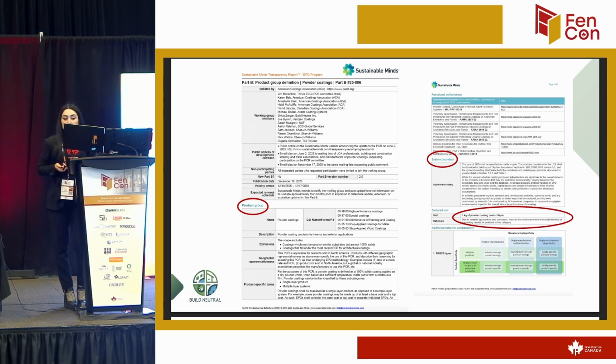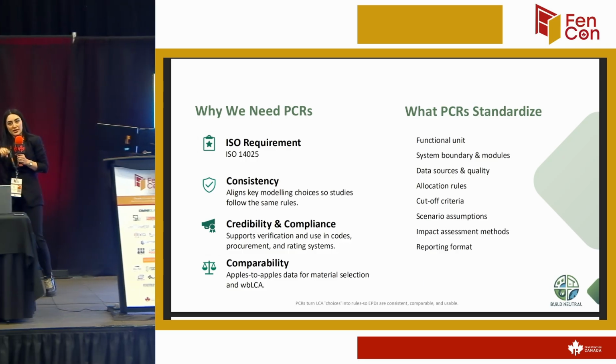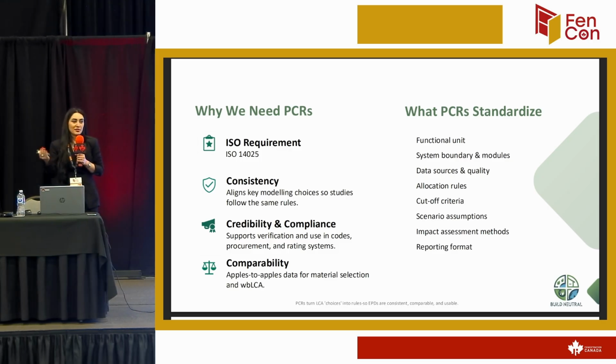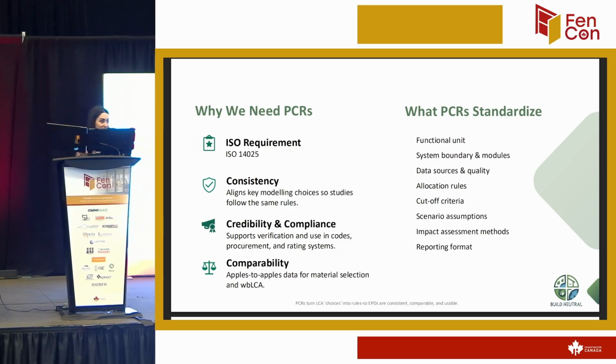Here, the declared unit was 1 kilogram of powder coating produced per layer. And there were so many more discussions when it comes to powder coating, like how many times, right? What's the base layer? So much technical information that people like you, manufacturers, can bring to these groups.